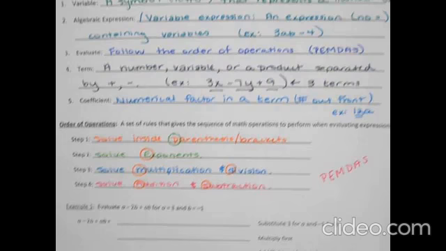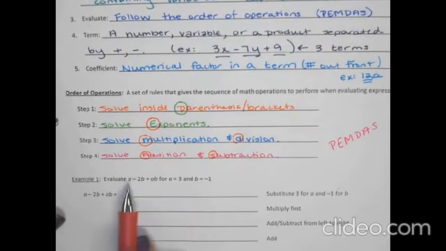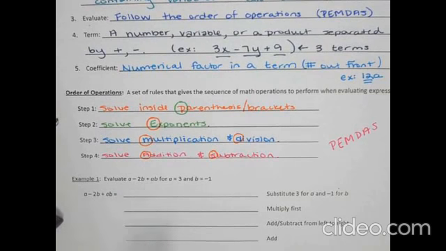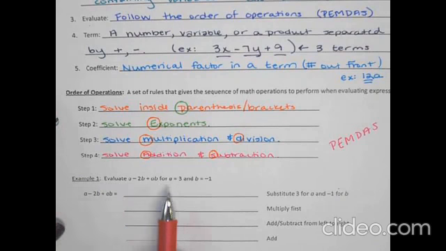So the first example here, they are giving us an algebraic expression, a minus 2b plus ab. And they want us to evaluate, meaning we have to use the order of operations, if a is 3 and b is negative 1. So the first thing that we're going to do is substitute 3 in for a and negative 1 for b.